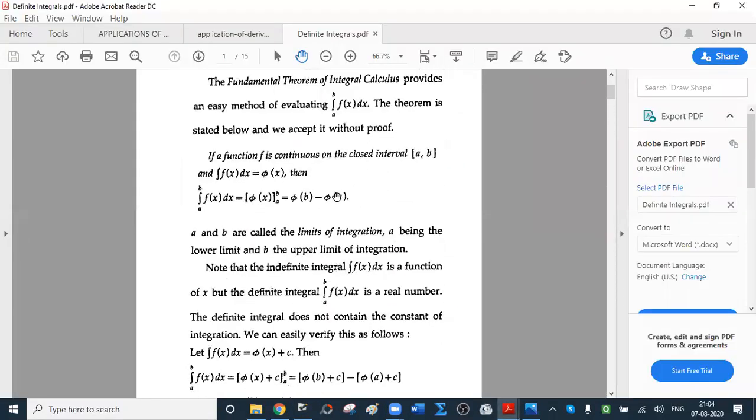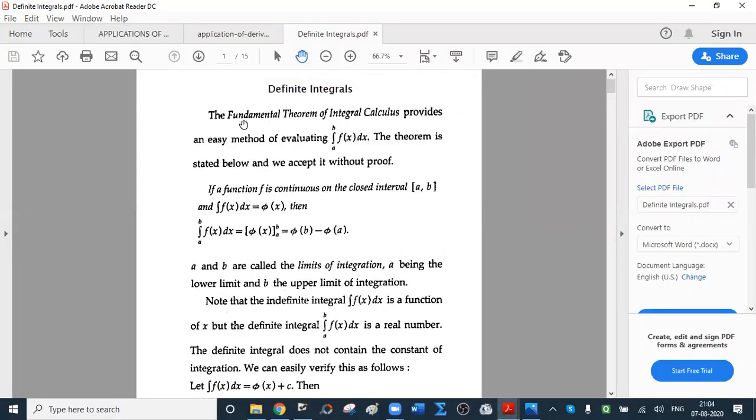The fundamental theorem of integral calculus provides an easy method of evaluating integral a to b f of x dx. The theorem is stated below and we have to accept this without proof. If a function f is continuous on the closed interval [a, b] and integral f of x dx is phi of x, then integral a to b f of x dx is phi of x, x goes from a to b, that is phi of b minus phi of a. a and b are called the limits of integration, a being the lower limit and b the upper limit of integration.